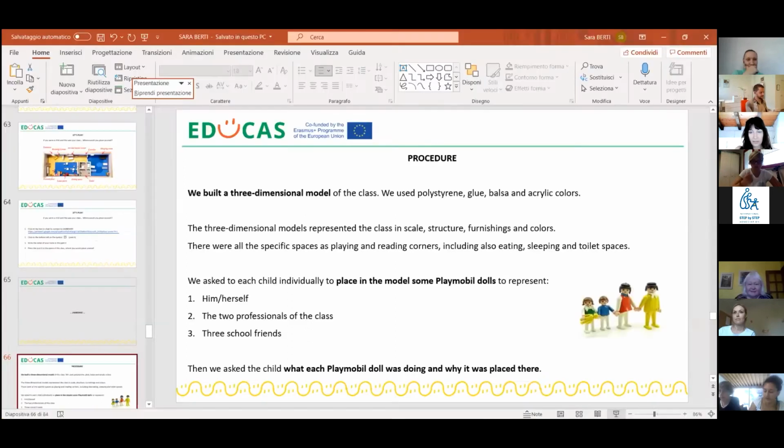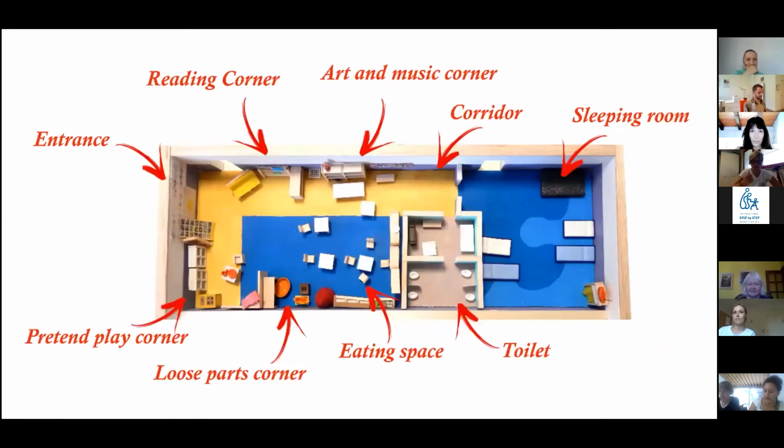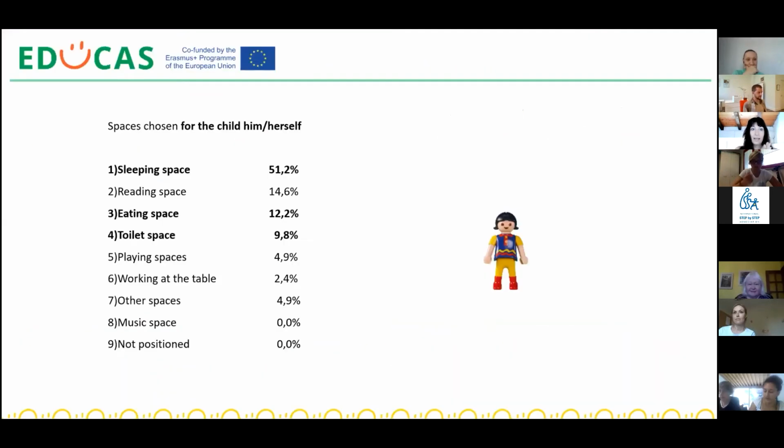So I share my screen again. These are the spaces chosen for the child himself. At first place, the sleeping space, 51% of children. This was very, very interesting for us because this is a very relevant space for them.